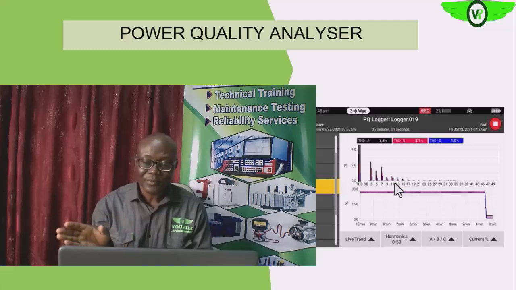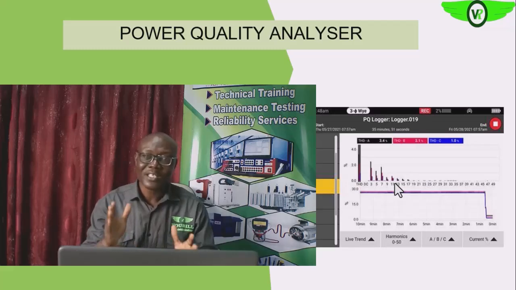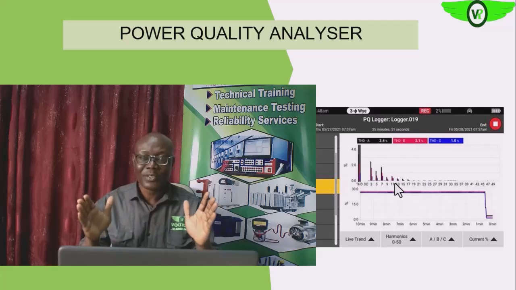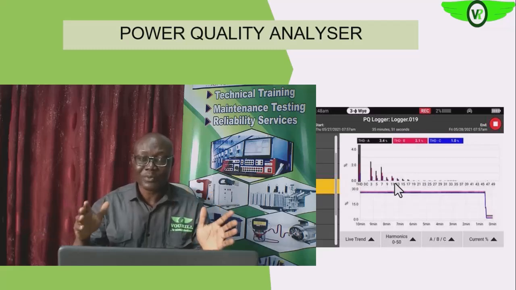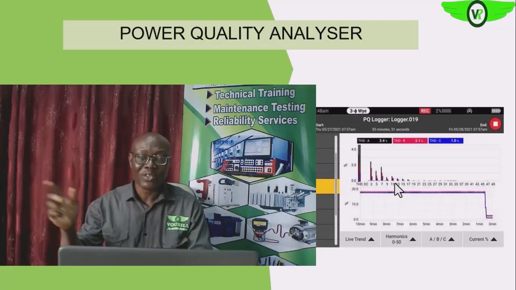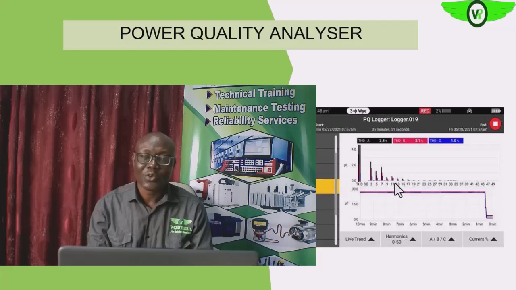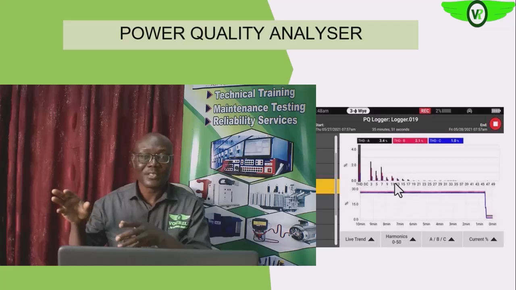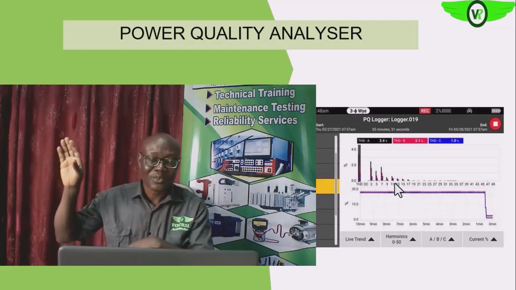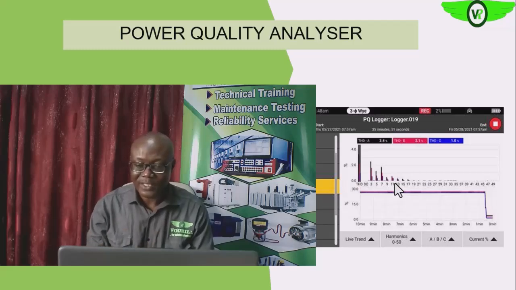But those triplen, zero sequence harmonics, they behave like single phase load. You remember, if you do not balance up the load on each of the phases, what will happen? You see that you have current flowing on your neutral. Are we getting it? So if you have those triplens, since they will not cancel out, they will tend to add up on the neutral and cause neutral overheating.